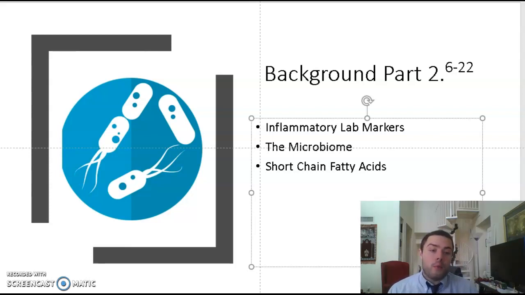The microbiome is not just probiotics. It does include some pathogenic bacteria, and they play a role as well because they increase the odds and the outcomes of those with Crohn's disease. Short-chain fatty acids are mentioned in this slide because some of the probiotics specifically associated with Crohn's disease and better outcomes are those that produce short-chain fatty acids from the fermentation of fiber in the body.